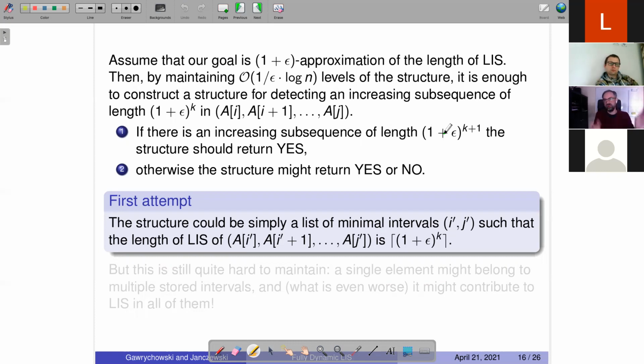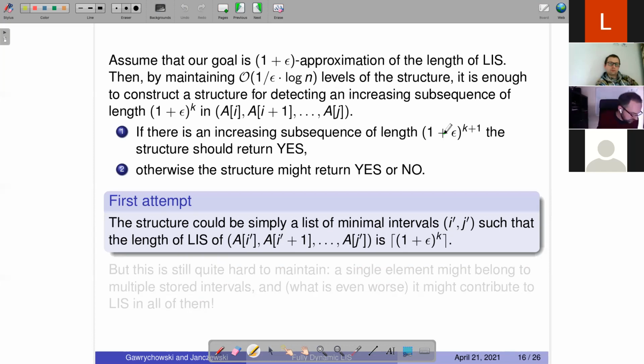So you take the minimal intervals in which the answer is sufficiently large, and then you store those intervals. Then it's easy to answer a query, because the input to a query is i and j, and you need to find if i and j are fully contained in one of those intervals that you store, and this can be done in log n time with some range searching structures.